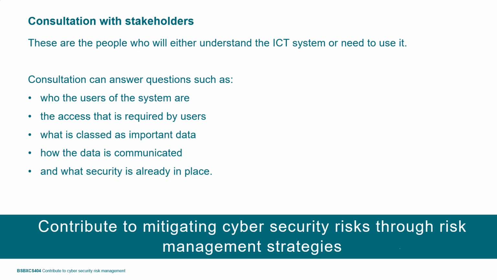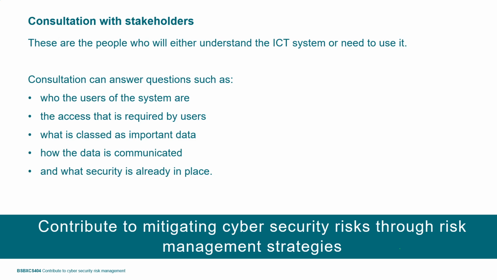So first thing you need to really do is work out what is required. So to do this, we need to go through a consultation period with all our stakeholders. Now, the stakeholders are the people that are going to be using the system or understand the systems.